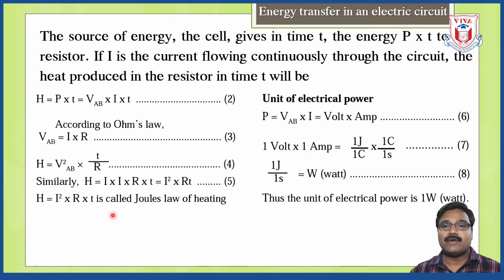Unit of electrical power: P is equal to V into I, where V is potential difference measured in volt, and I is current measured in ampere. Therefore, 1 volt into 1 ampere: volt is joule upon coulomb, and ampere is 1 coulomb per second, so the coulombs cancel and we get 1 joule per second, which is watt.